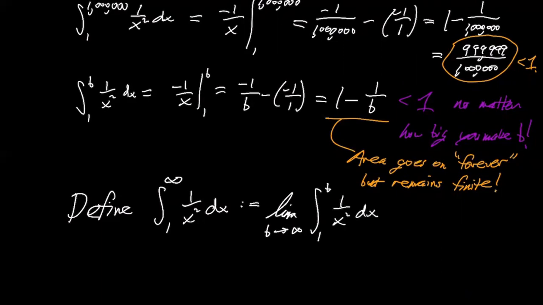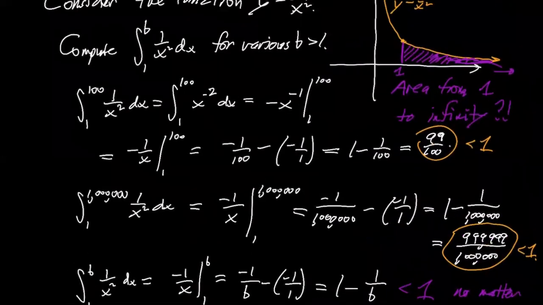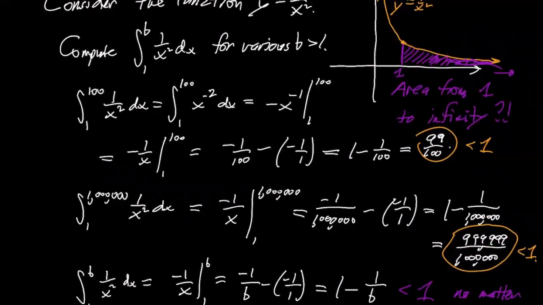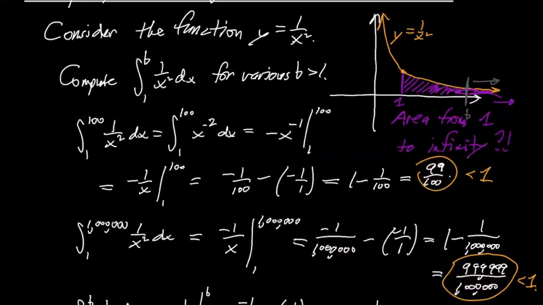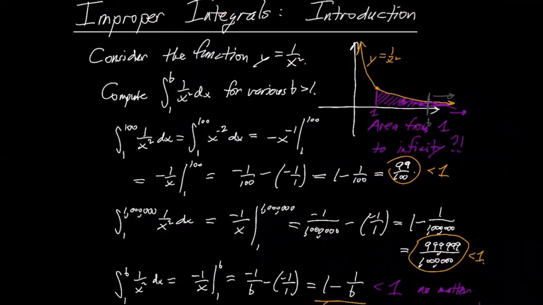So we're just going to think about moving that right endpoint. This b represents the right-hand endpoint of the interval up here at the top. I could label some point here like b, and we're just going to keep sliding that to the right as far as we want.